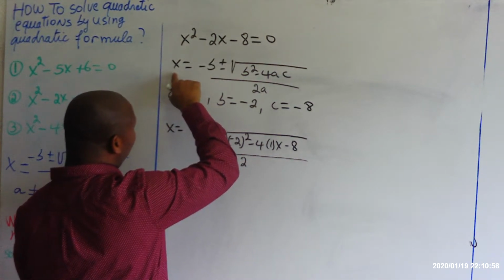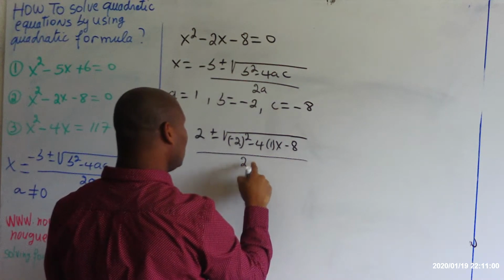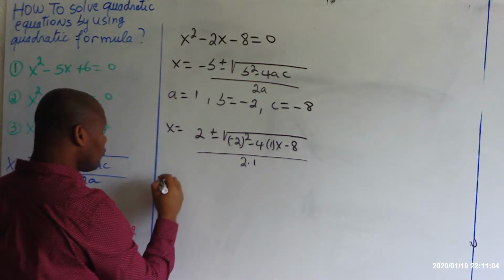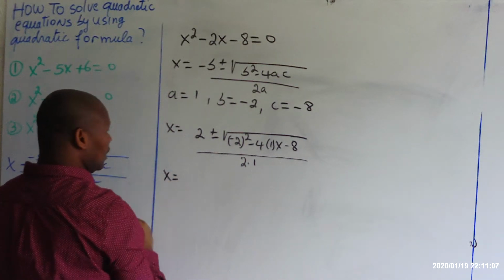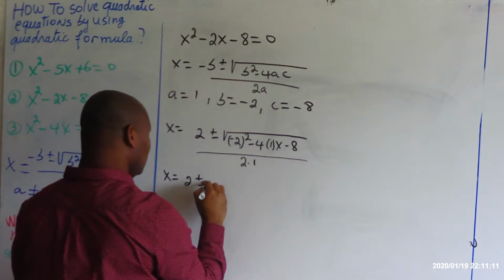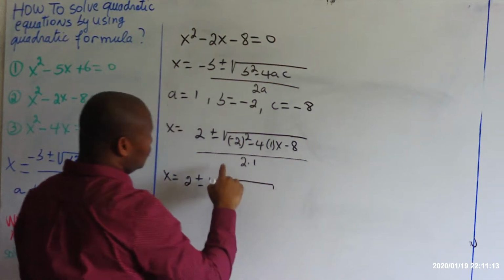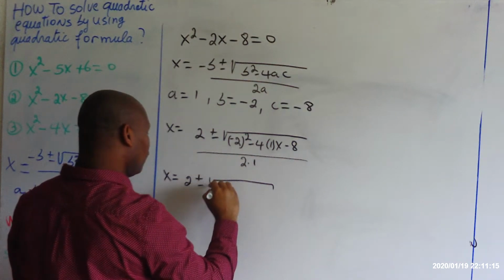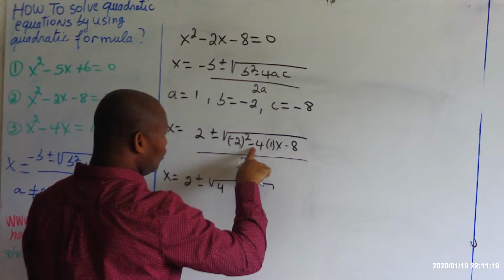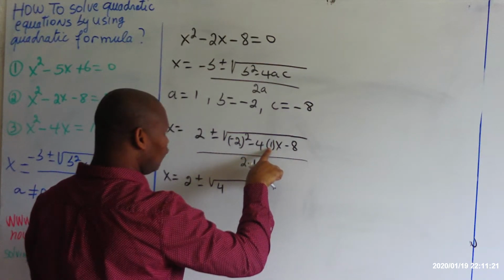A is 1, so 2 times 1 is going to be 2. Okay, x equal 2 plus or minus. So negative 2 to the power 2, that's 4. Then negative 4 times 1, that's negative 4.